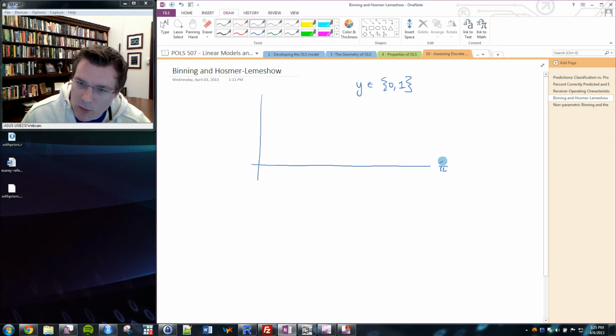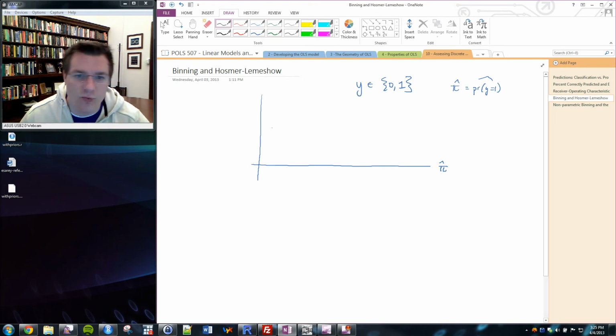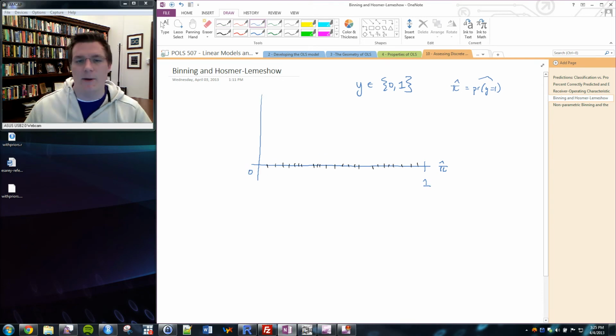I'm going to plot that data set according to the fitted predicted probability that y equals 1. And so you can imagine if I put a rug of points in here indicating where these observations are, I get something that looks a little like this, where the right-hand limit is obviously that the probability of y equals 1 is 1, and the left-hand limit is that it's 0.